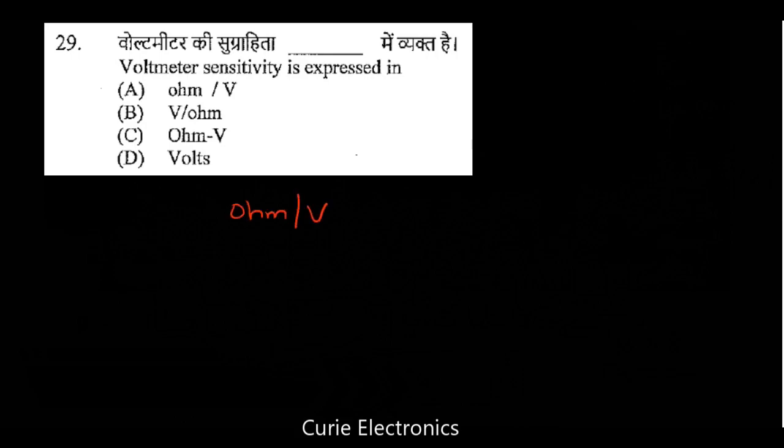So the answer is option A, and sensitivity is given as S equal to 1 upon the current required for full scale deflection. That is sensitivity, and ohm per volt is the unit.